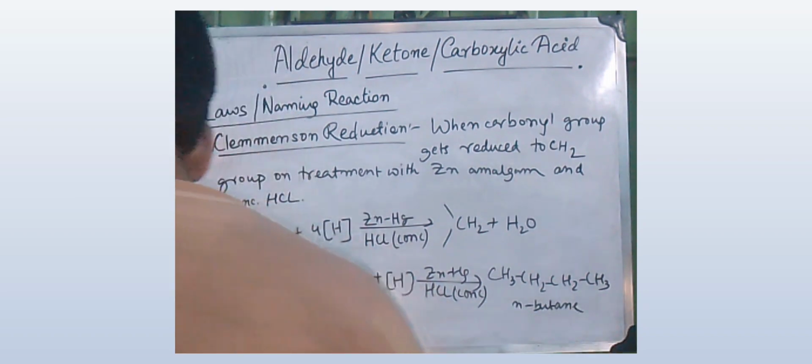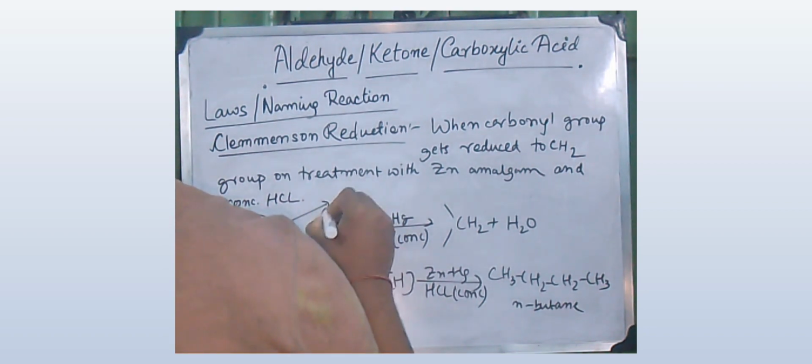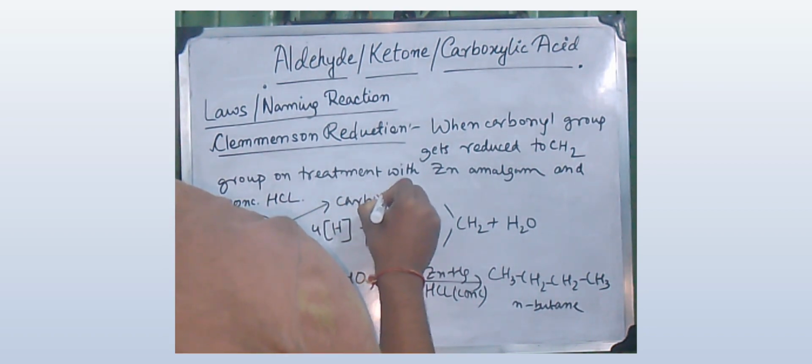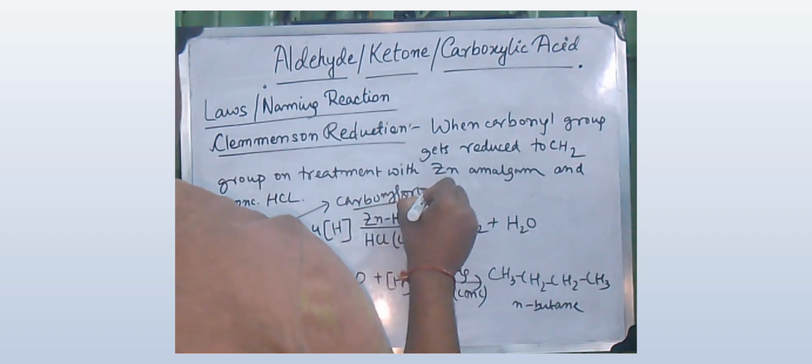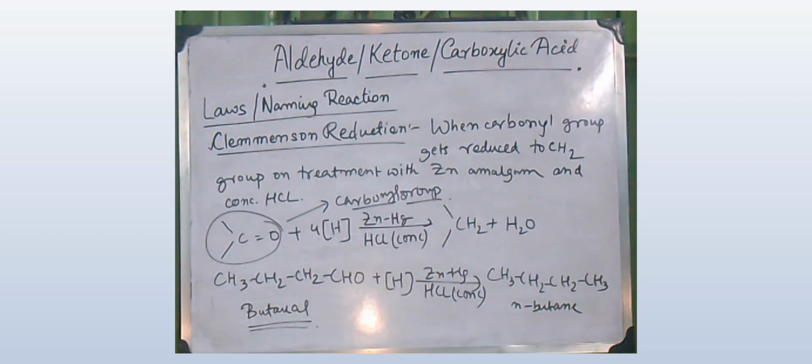The first one, which has CHO, is known as butanal, whereas the last one is known as n-butane. So here it is, our Clemmensen reduction.